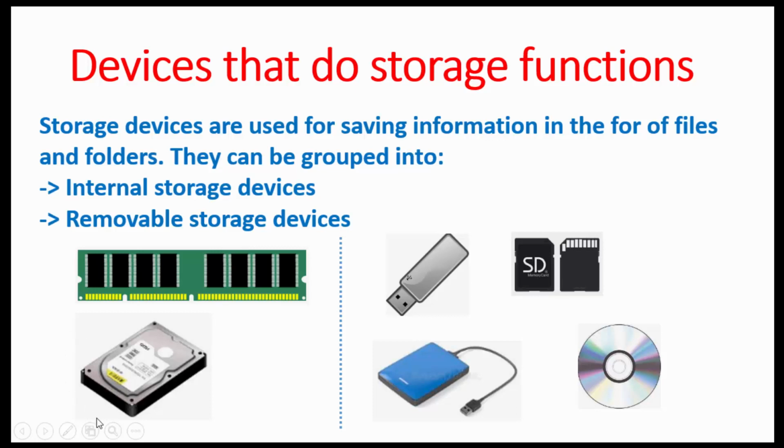And in this picture here, you can see this is what we call hard drive. It is storing files and folders permanently. So from the storage, it is stored permanently in the hard drive. Then these two are what we call internal storage because they are inside the CPU box.